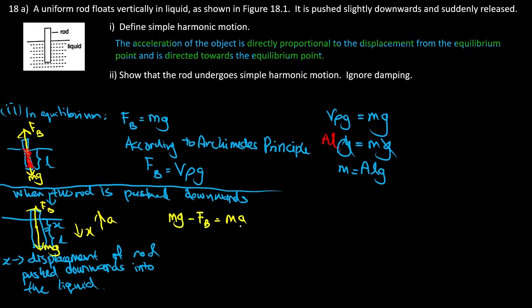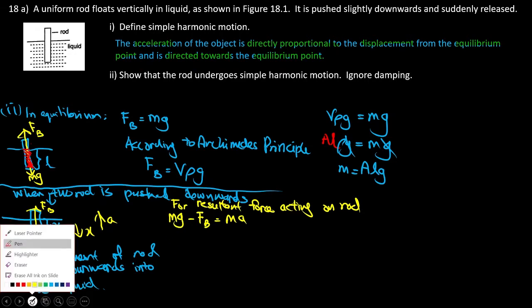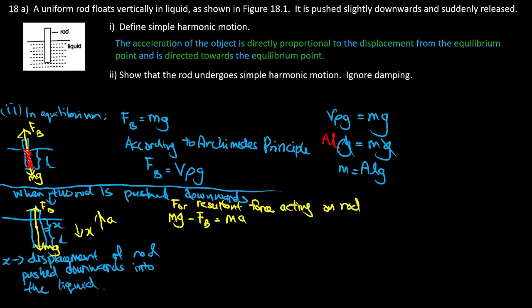Thus, your equation for the resultant force acting on the rod will become mg minus Fb equal to ma. We know that your m is equivalent to this equation, which is A L rho.